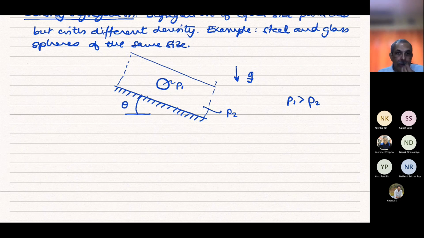So we want to see what will happen to this one particle in this system. And we are really interested in what happens in the direction normal to the flow. There will be a flow in here as we have done before, but we are not so much interested in how it moves in the flow direction. We are interested in its velocity in the direction normal to the flow.